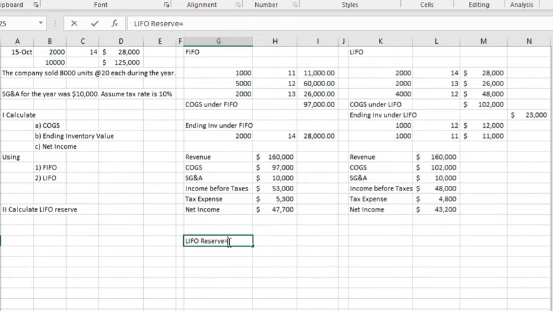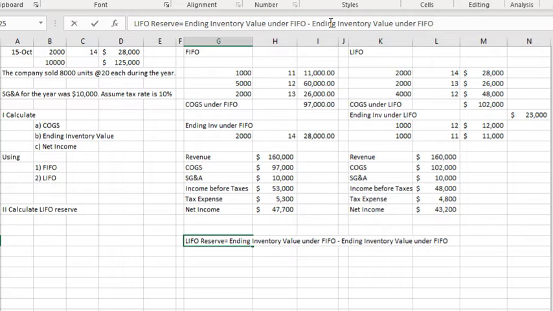The way we calculate LIFO reserve practically is ending inventory value under FIFO minus ending inventory value under LIFO.